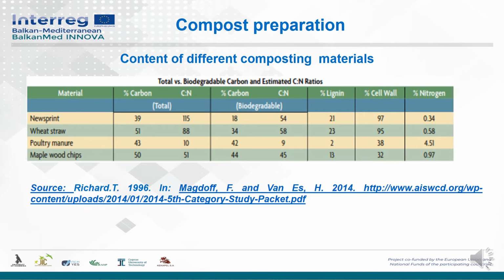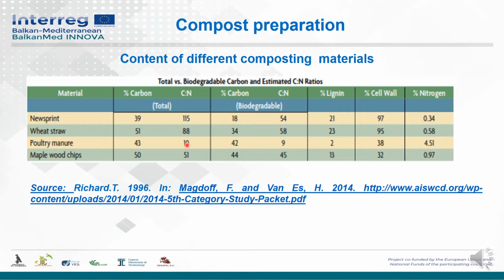Content of different composting materials. This is total against biodegradable carbon and estimated carbon nitrogen ratio. Here you have the link, and if you see the ratio, for example, newsprint, the percentage of carbon is 39%, and the carbon nitrogen ratio is 115.